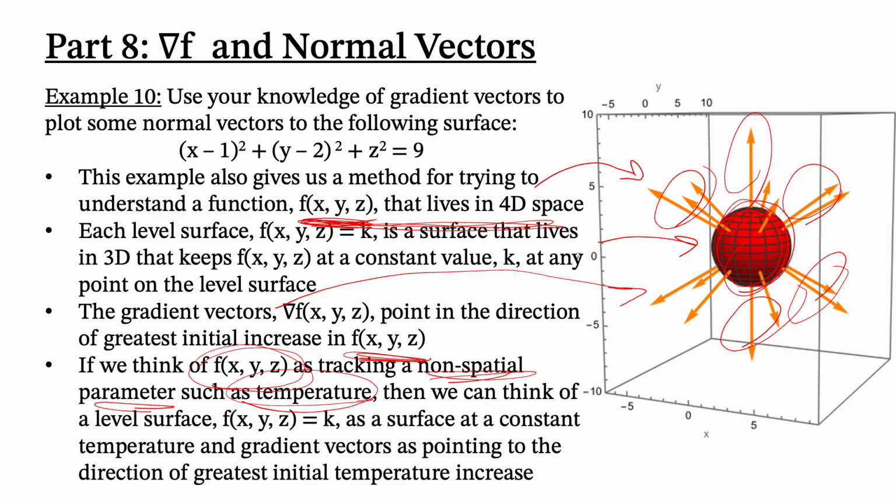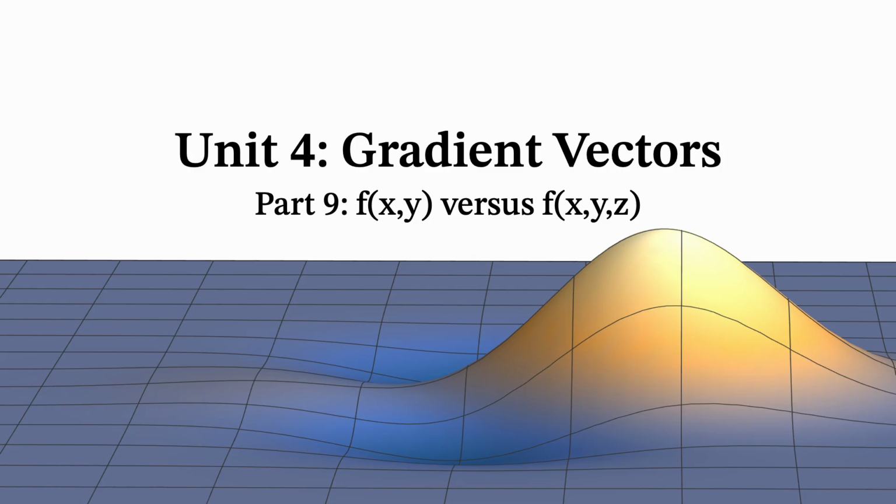And if I want to know what direction to swim for the greatest initial temperature increase, I would just swim in the direction of the gradient vector at that point. So this plot is showing a bunch of vectors that point in the direction of greatest initial temperature increase on that level surface.